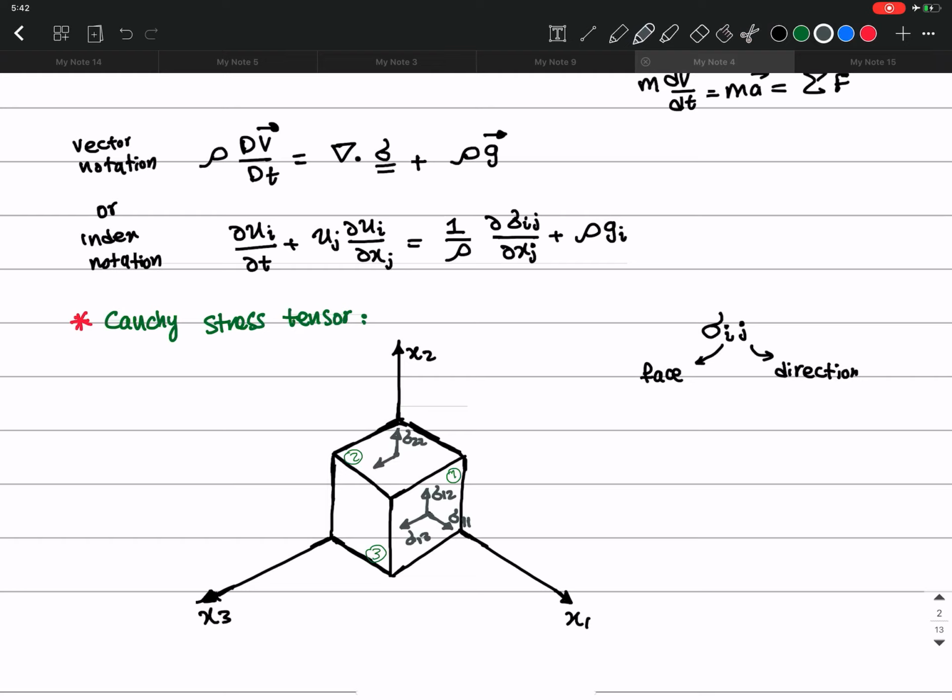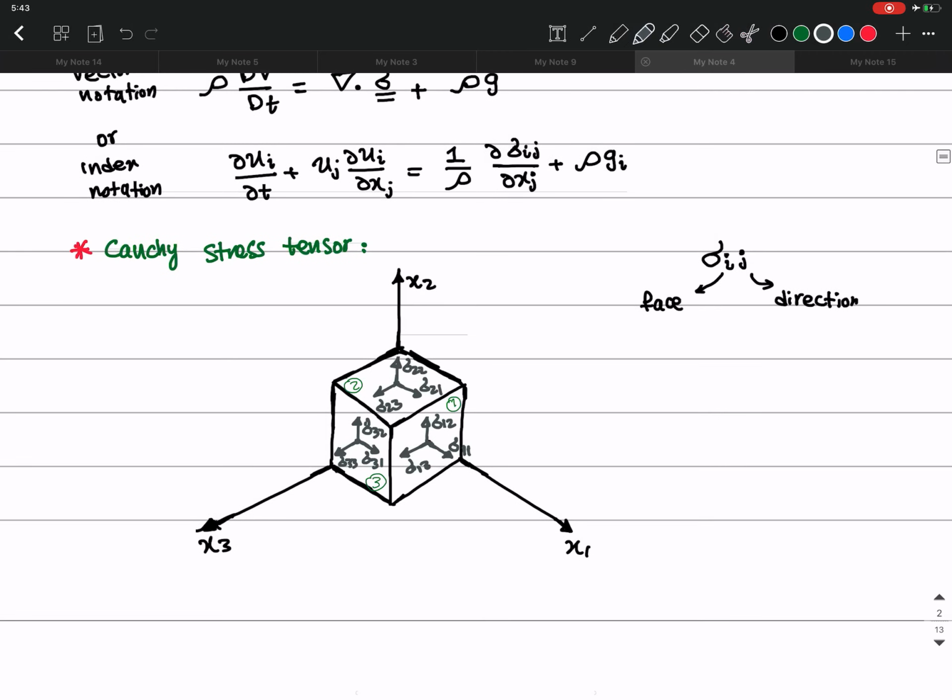This is sigma 2 3, and this one is sigma 2 1. Here, this is going to be sigma 3 2. This is going to be sigma 3 1. This one is going to be sigma 3 3. Okay, so this is going to give us all the stress terms, and this is the stress tensor here.